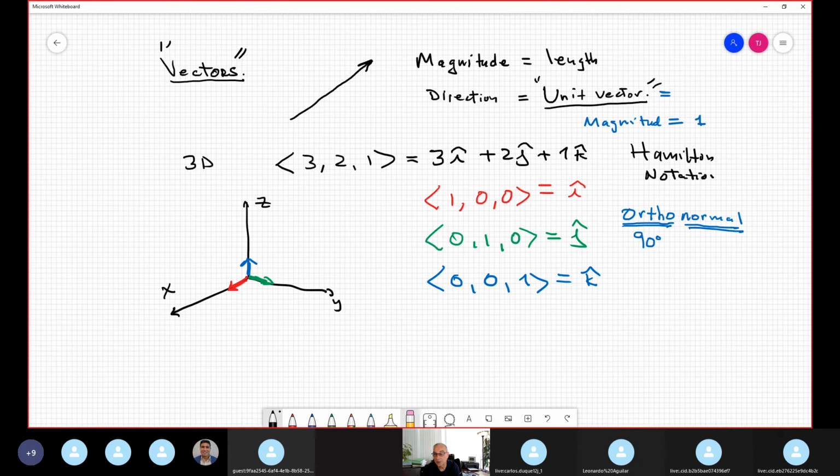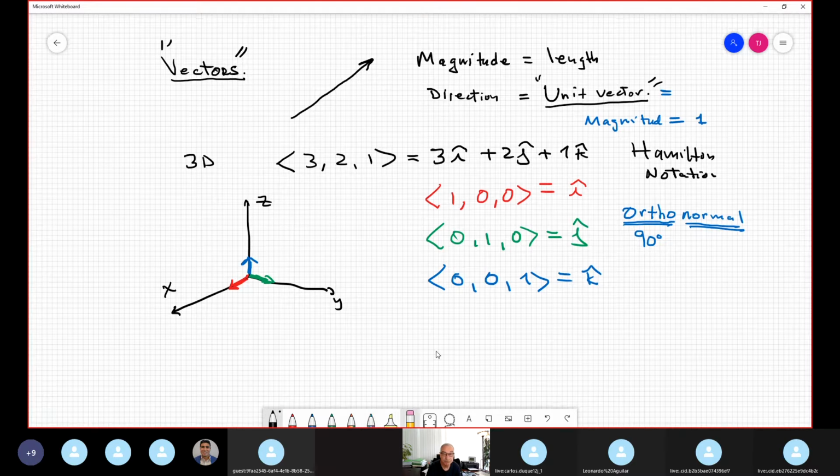Some people prefer this notation. I prefer both, it doesn't matter, using the unit vectors I, J, and K. That's it.